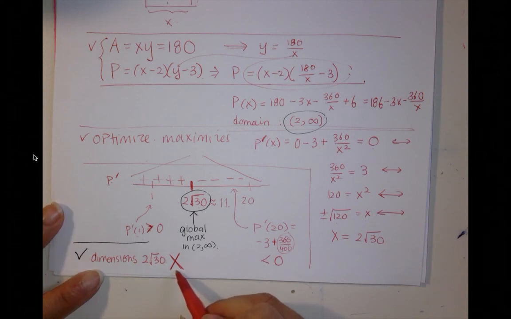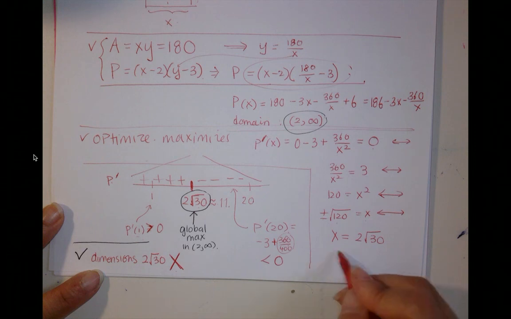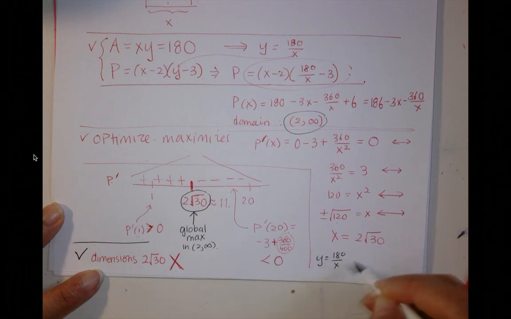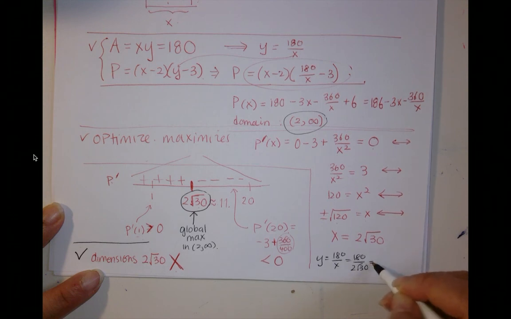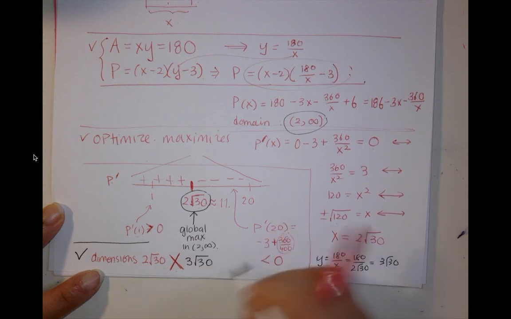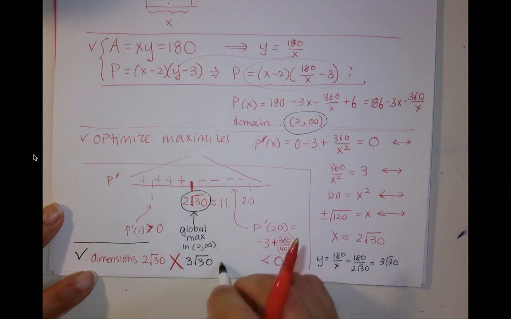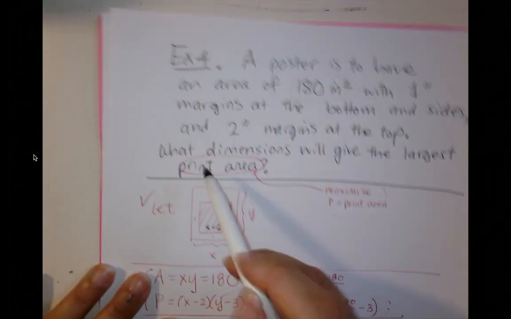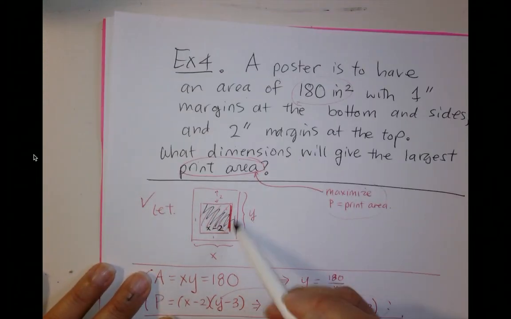But remember, y was equal to 180 over x. So that's 180 over 2 root 30, which can be written as 3 root 30. So dimensions are 2 root 30 times 3 root 30, and these will maximize the print area. So they will maximize this area inside of here.